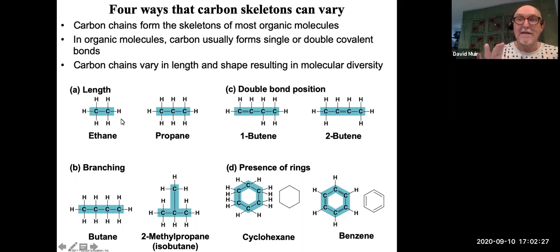That is really useful because this is a stable compound. I can store it. I can store it for a long time. I can store it for eons. And I can then mix it with oxygen and I can burn it. And what I'll end up with is carbon dioxide and water, but I'll also end up with heat and light.